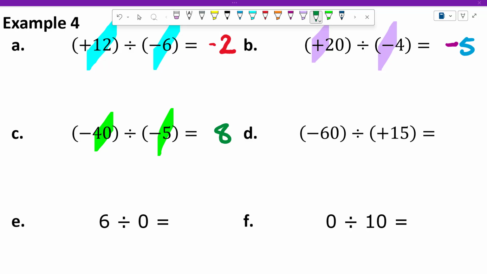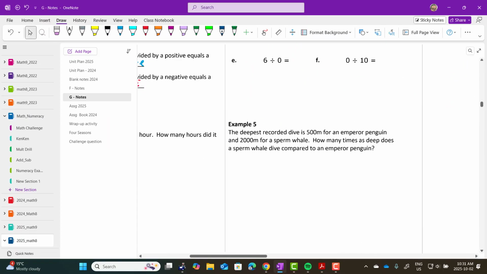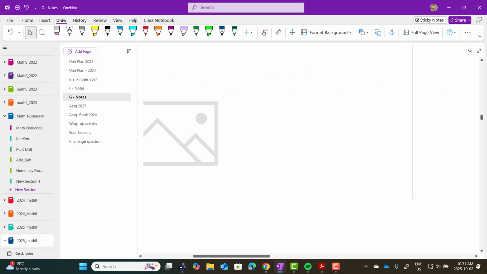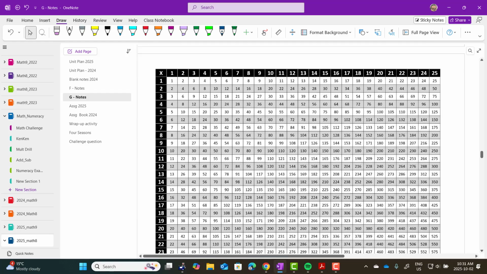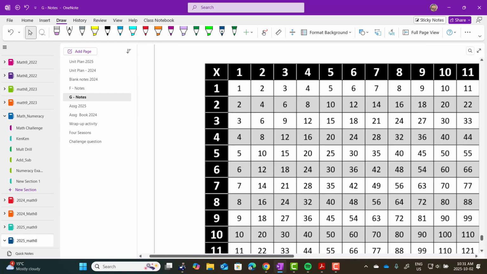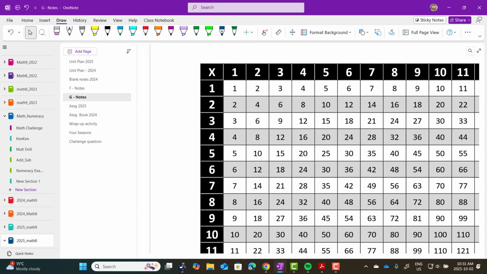You look at the second number: 5 times something is 40. So you grab your multiplication chart, which is right at the very back. You look at 5s, you find your 40, and it's an 8 times. If you're not used to dividing, use your multiplication chart.